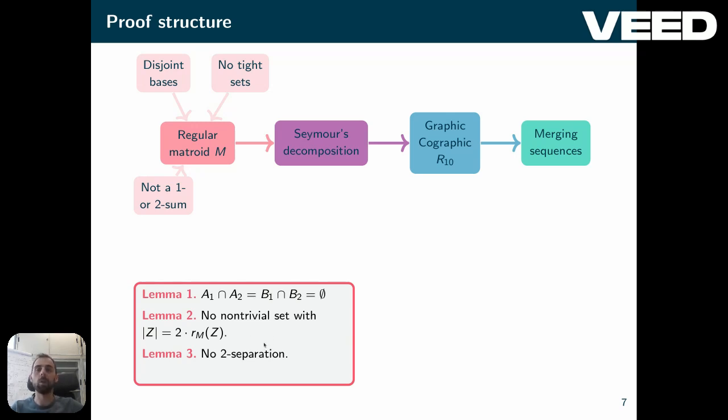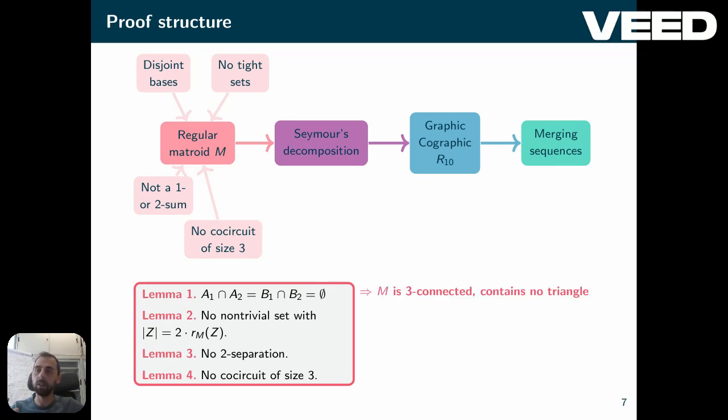Again, if it's the one sum or two sum of two smaller matroids, then you can apply induction. And then this is not so obvious why this is interesting, but you can show, and this is a technical proof, that the matroid has no cocircuit of size 3. These are all small technical lemmas, but the main takeaway from those is that the matroid can be assumed to be 3-connected and containing no triangles.